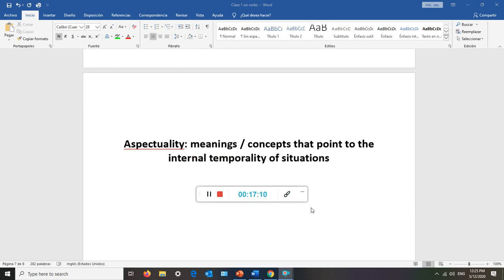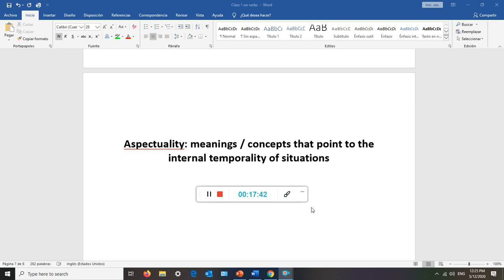So folks, returning to the notion of aspectuality in connection to the internal temporality of situations, I think it's necessary to refer you to sections in the introductory chapter by Comrie in his book Aspect that I think are important for you to have in mind and read very carefully.